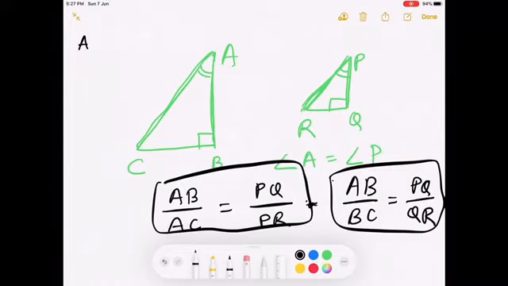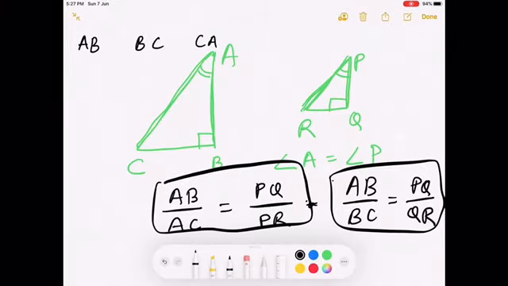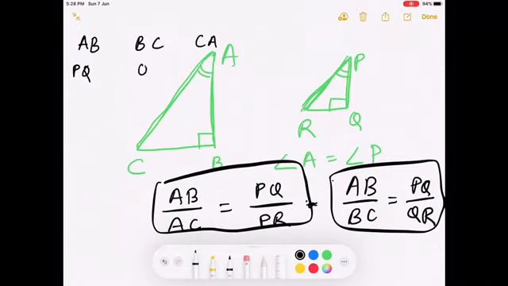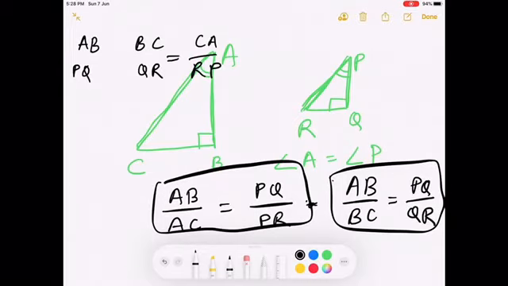The first triangle has sides AB, BC and CA, and the second triangle has the sides PQ, QR and RP. So I could have written that AB upon PQ is equal to BC upon QR is equal to CA upon RP. But I did not want to write like this. I wanted to write like this.